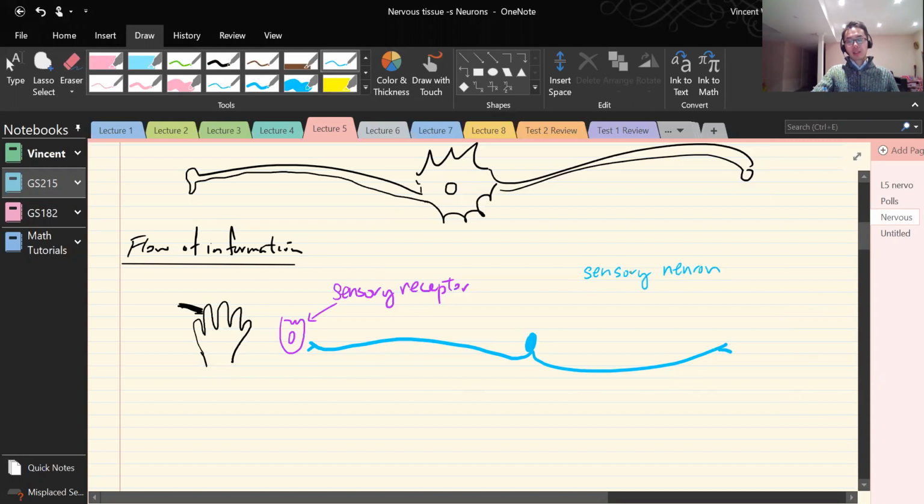The job of the sensory neuron, let me say that one more time, is to take sensory information towards the central nervous system. Does everybody understand what I mean when I say sensory information? Any question?